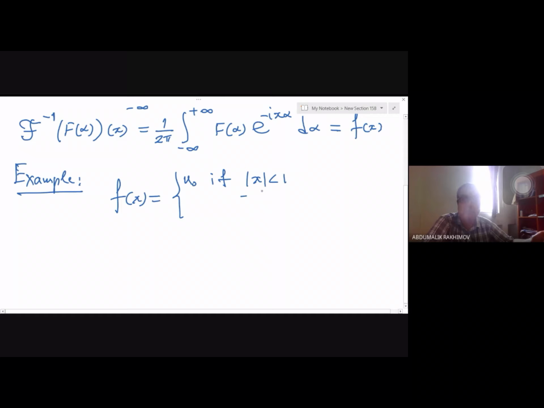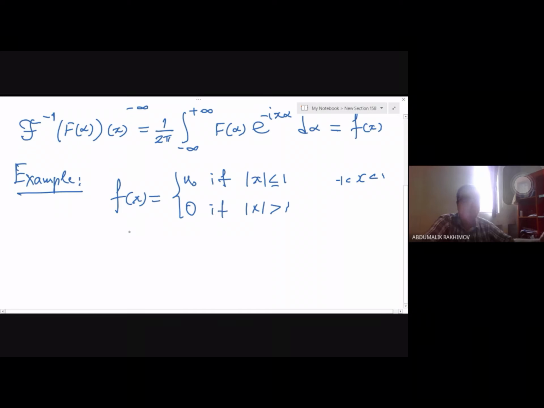What does it mean, x by absolute value less than 1? It means x is actually from -1 to 1, right? And it is 0 if x by absolute value is more than 1. You can write equality here or here, it doesn't matter. It means that if x is outside of this interval, then it is 0.